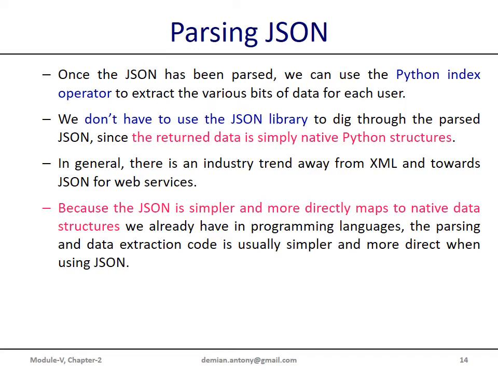And one more reason is that JSON is very simple, and directly maps the structure into the built-in data structures of programming languages like dictionaries and lists. This made internet programmers choose JSON more widely than XML.